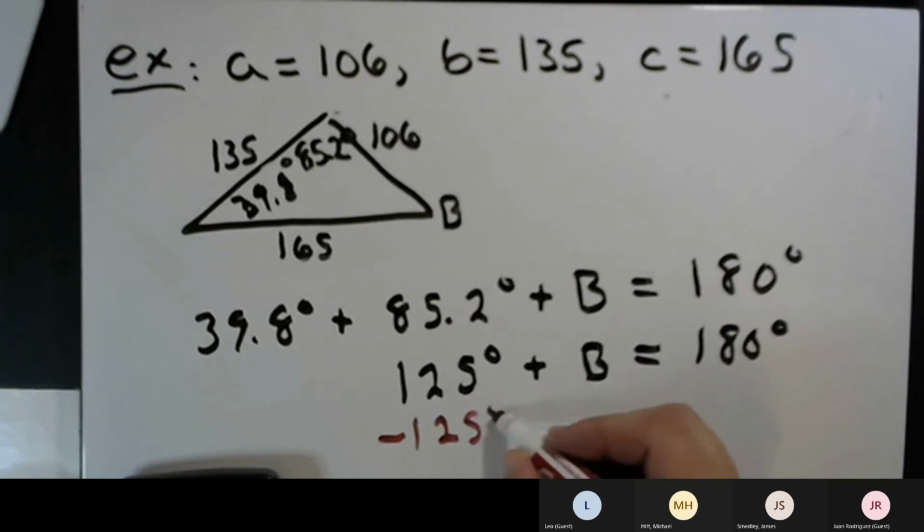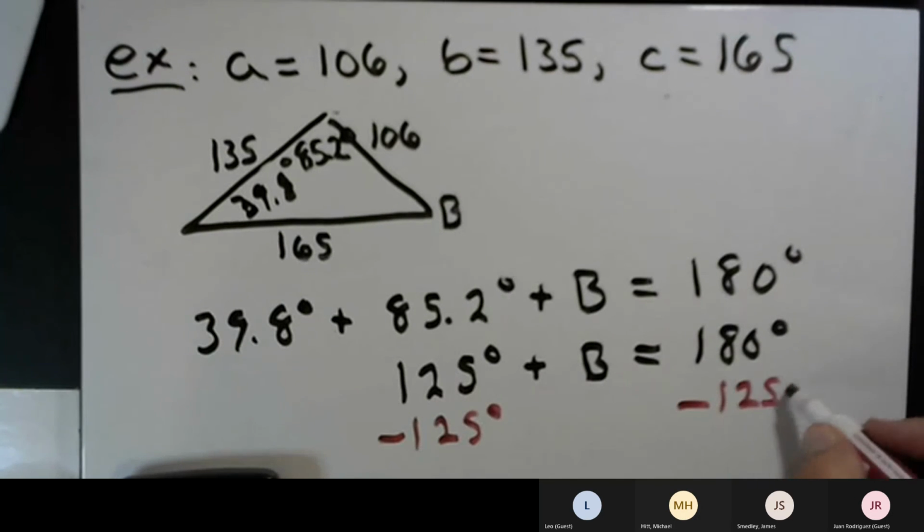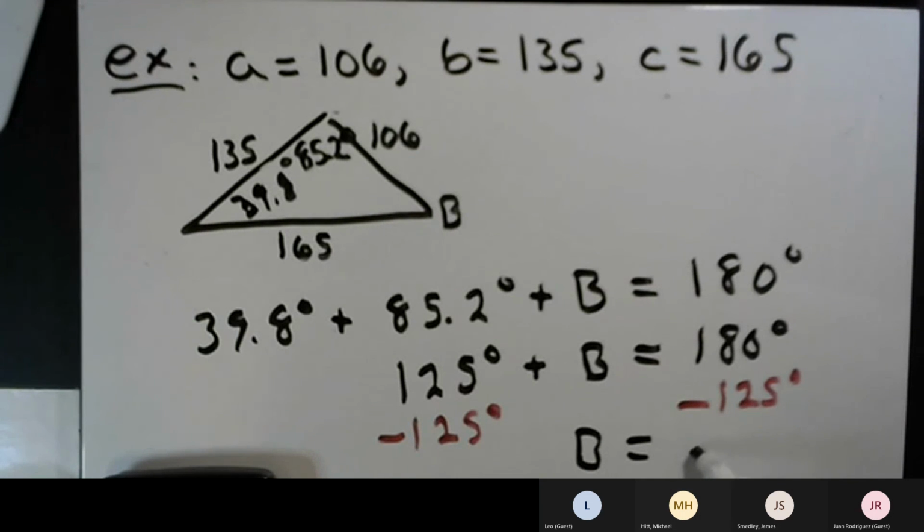Subtract 125, and we finally get B is 55 degrees.